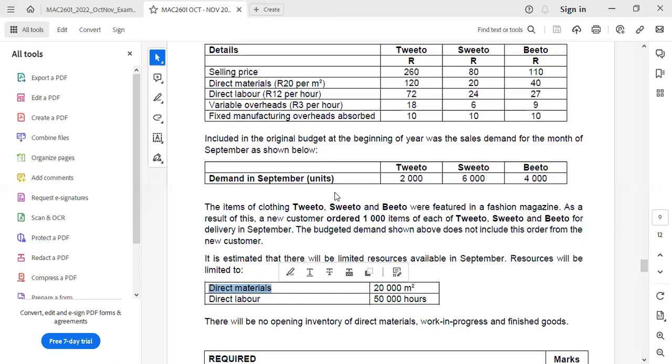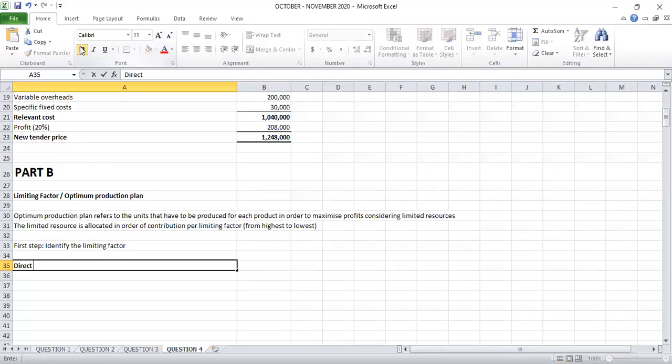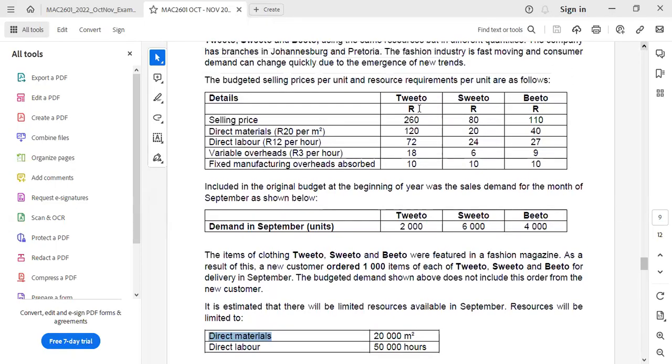So I would start with direct materials. These are the direct material requirements. From this, we can determine the square meters required per unit.